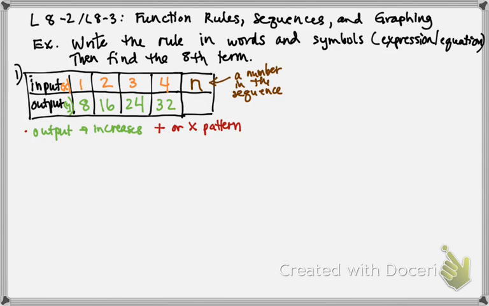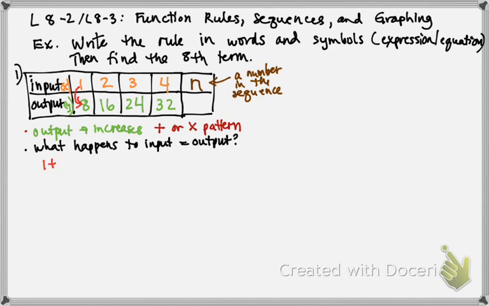Next thing I'm going to do is, what do I do to X? So what happens to the input to equal output? So I'm going to be looking from top to bottom. So what could I do to 1 to get to 8?